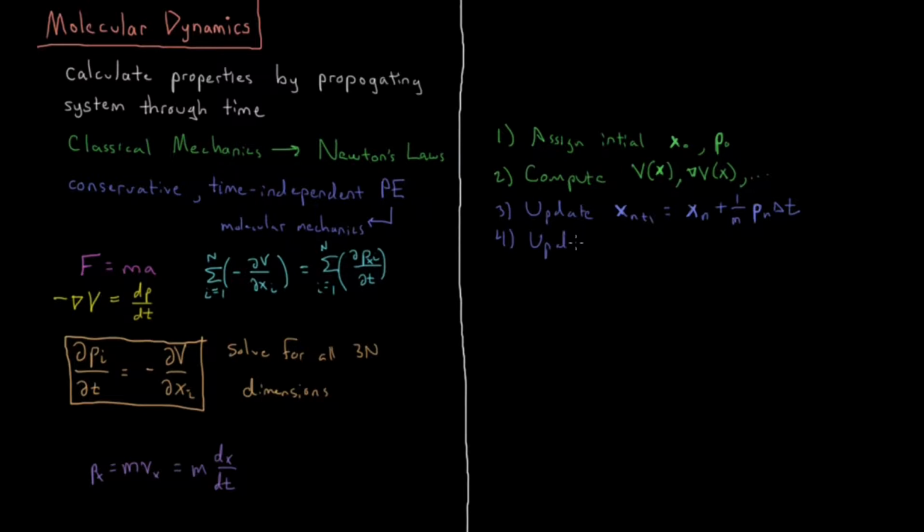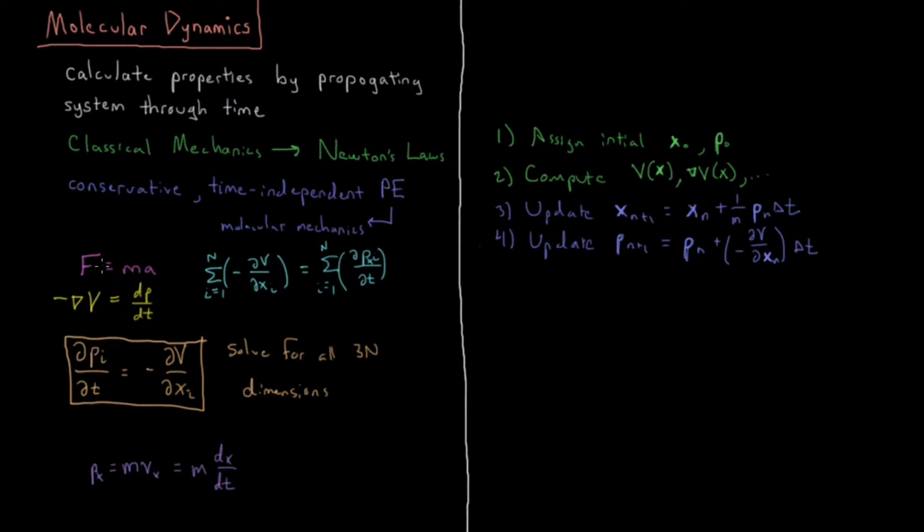And we're going to update our momenta, so update the velocities, update the momenta, equals the current value of those things, plus minus partial derivative of V with respect to the position times delta t.